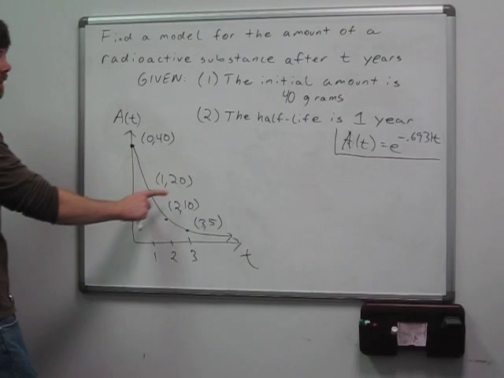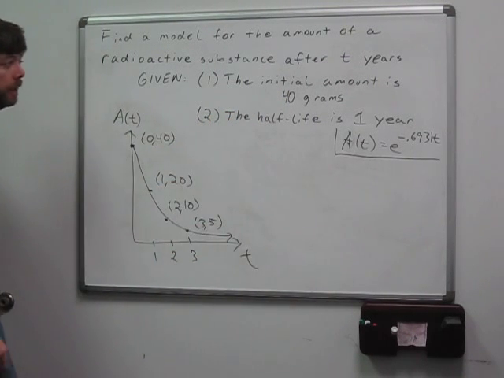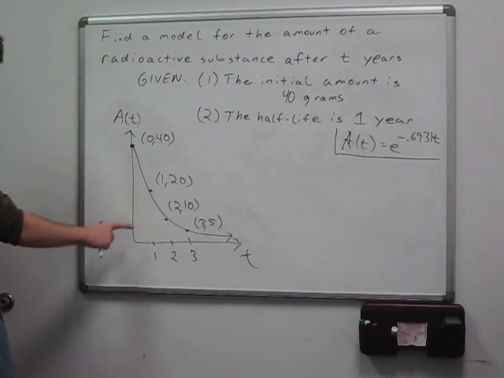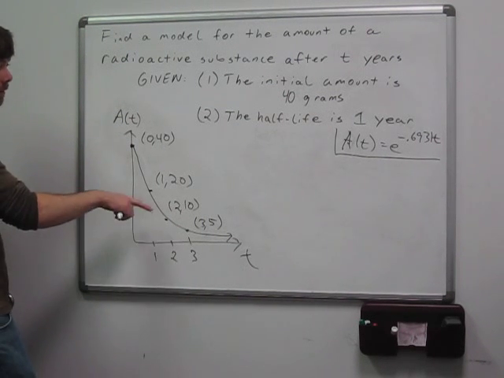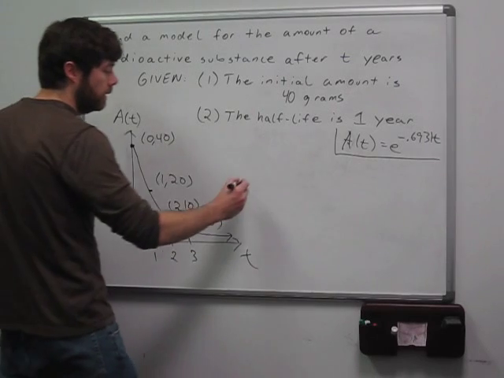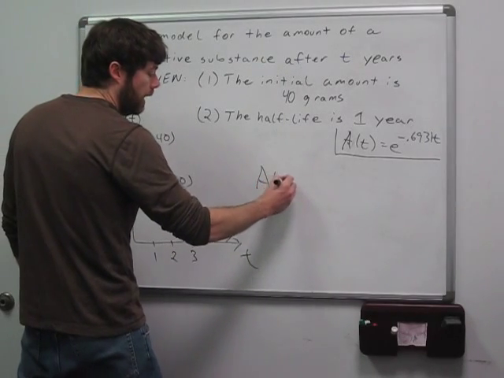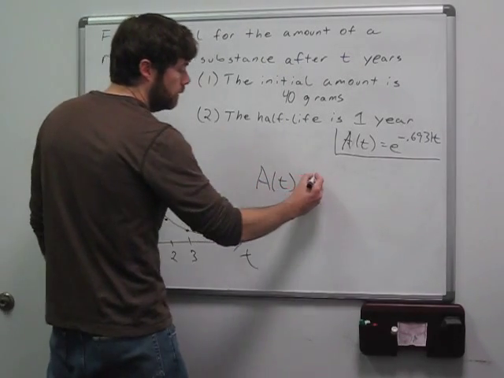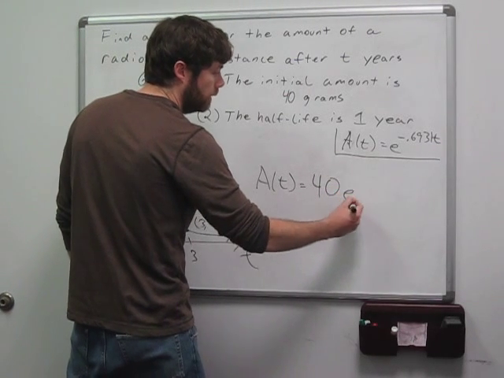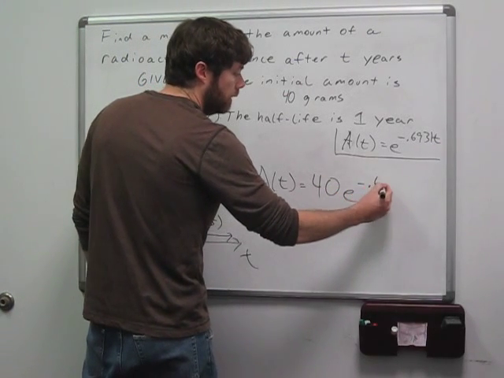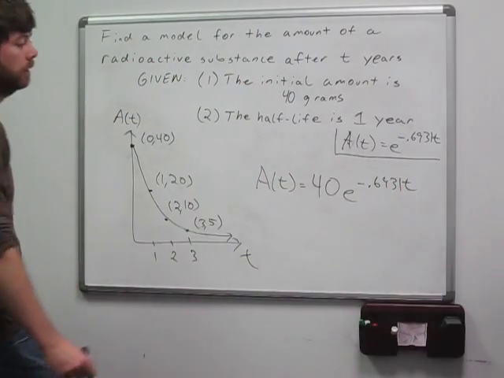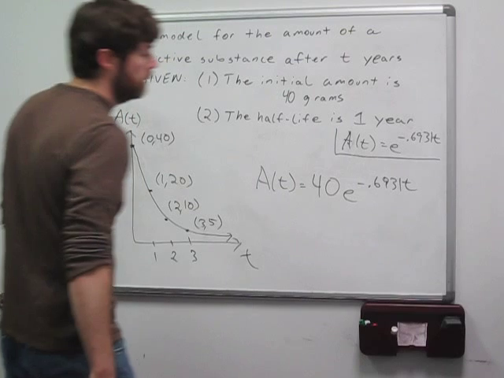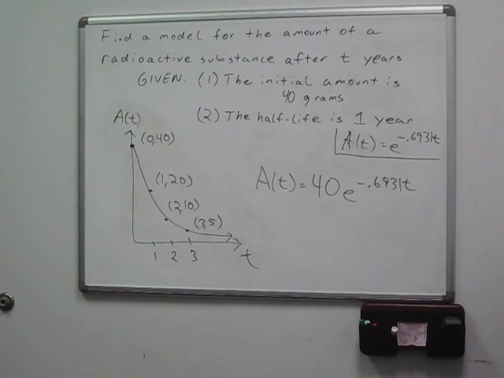All the y values have been multiplied by our initial amount. So the appropriate model for this graph and for this situation is going to be A of t equal to 40 times e to the negative 0.6931 t. Very similar to our progression with exponential growth.